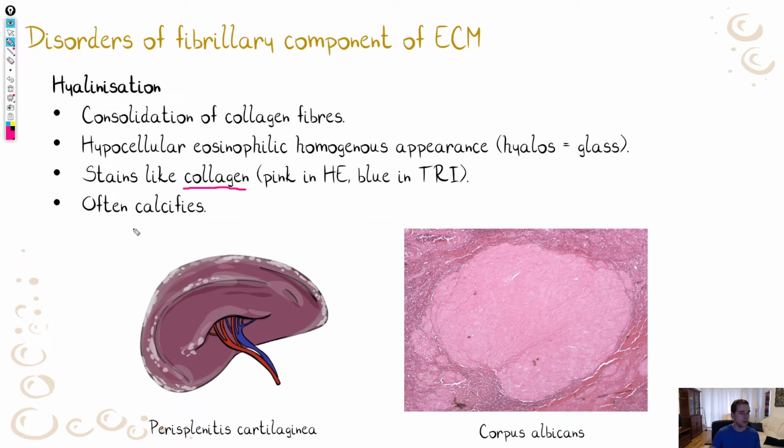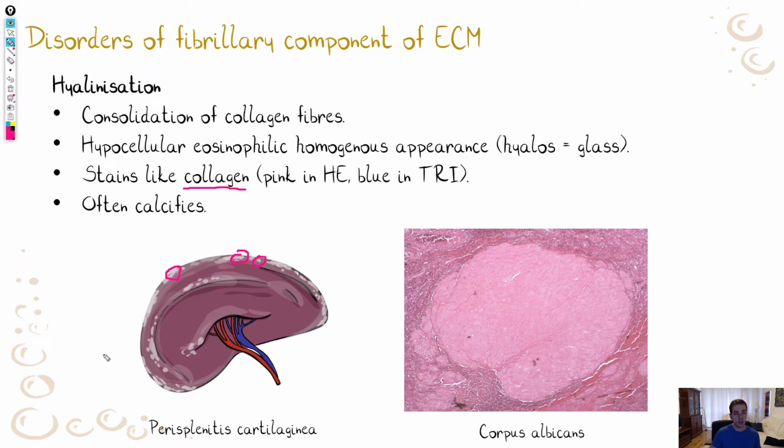And it often calcifies. Typical example is perisplenitis cartilaginea. Perisplenitis cartilaginea looks like multiple plaques and nodules on the surface of spleen capsule. But the term perisplenitis cartilaginea is wrong because it has nothing to do with inflammation, so it's not perisplenitis, and it has nothing to do with cartilage.